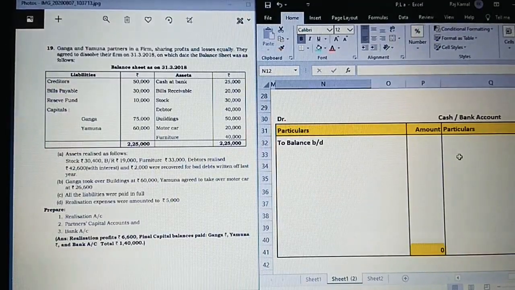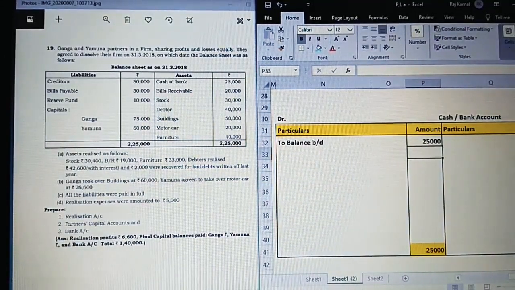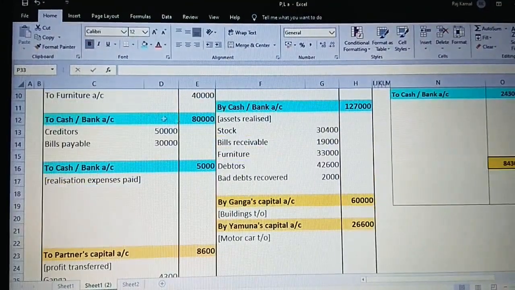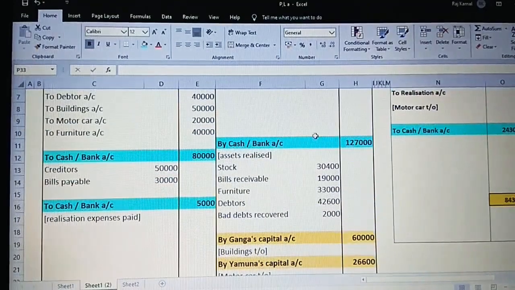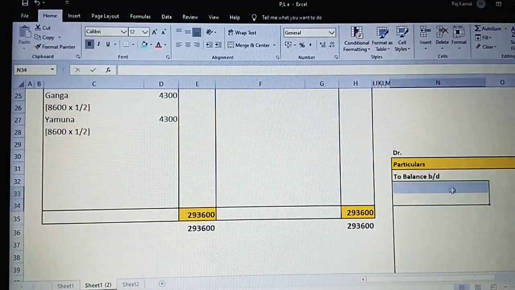Coming to the cash account now, debit side, opening balance, to balance brought down, which we found on the asset side. We have not taken it, 25,000. Yes, there is only one which we have. Now let us go for the realization account. We will find the items highlighted in blue, by cash or bank. Credit side, assets realized.